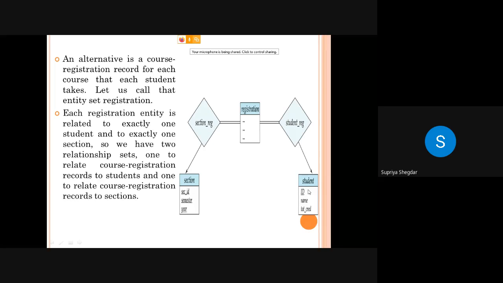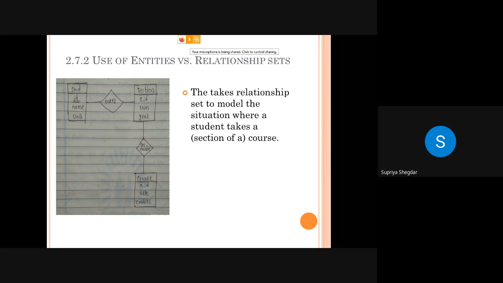Okay, so in this figure, we have used takes as a relationship, which means the student takes the course of a particular section. We can represent this relationship in this way.